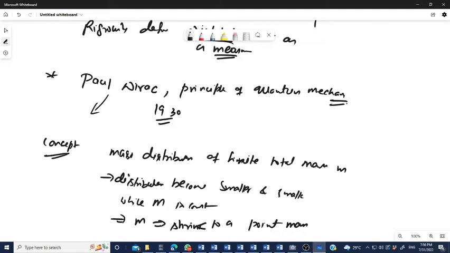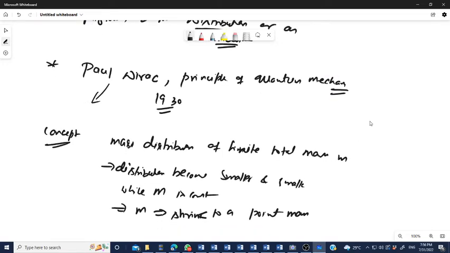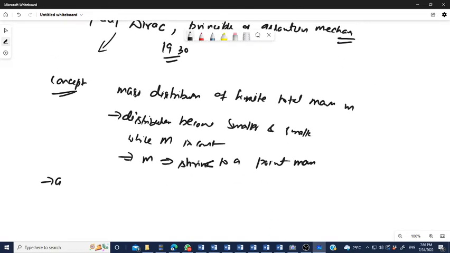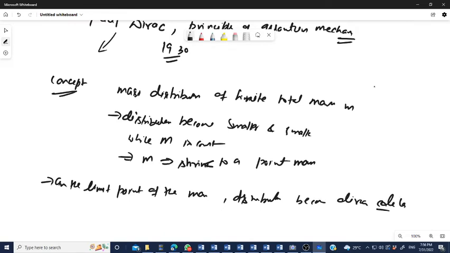At zero size, the value of the mass at that point is very, very high, m. So in the limit of a point mass, the distribution becomes the Dirac delta function.